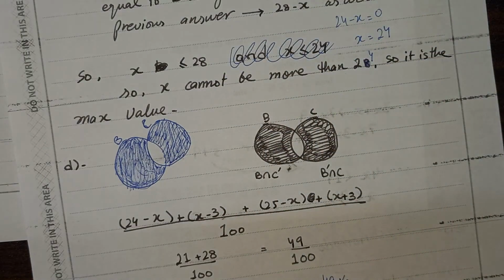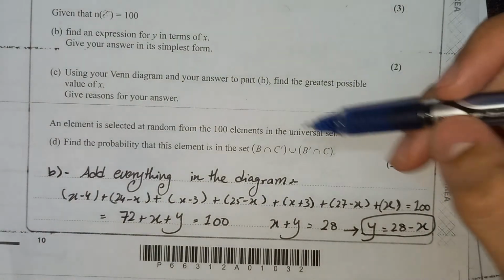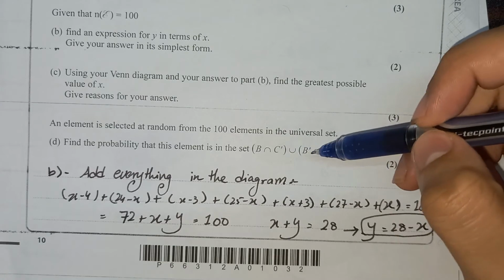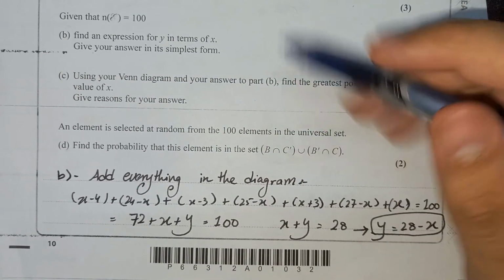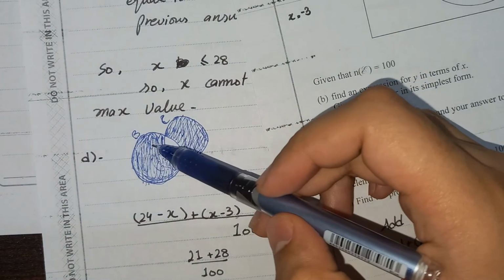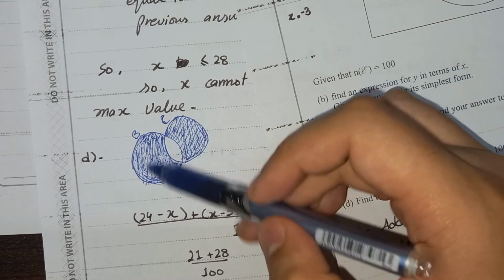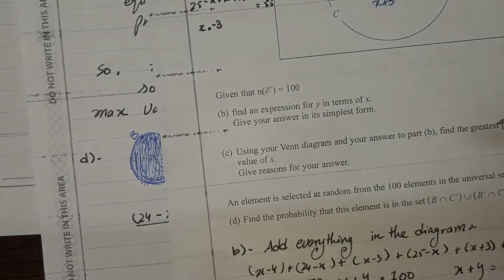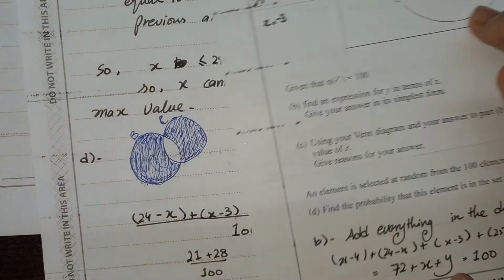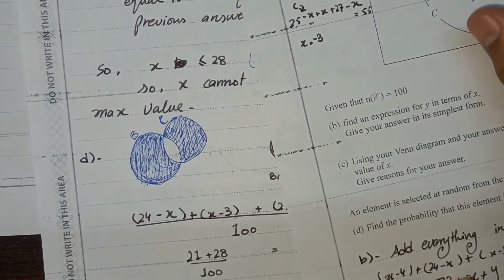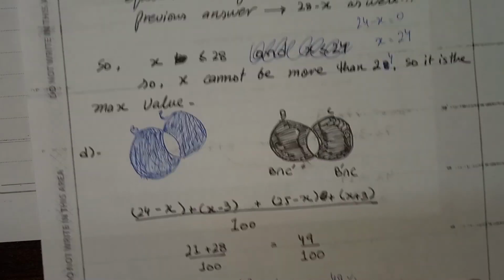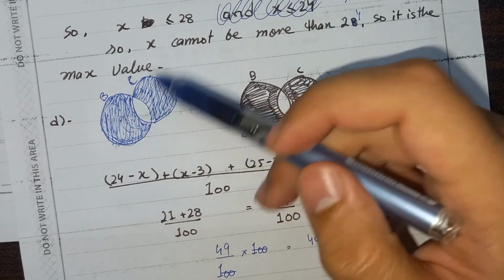What we did, we just solved these two brackets separately. First we solved this using C complement, we just didn't add C and we shaded B, and then for B complement we did the opposite. So now the shaded part is your answer.